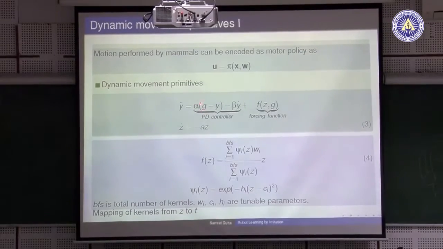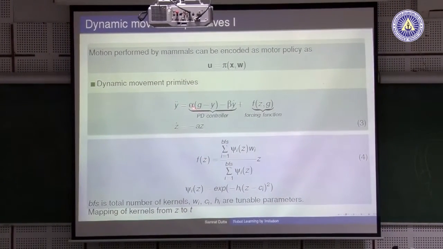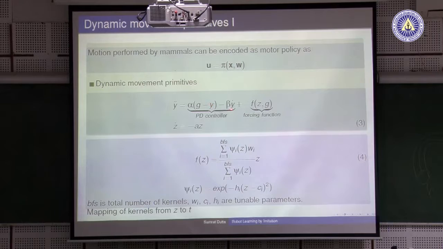If we select the PD gains precisely, with our expertise, we can make a stable system using a PD controller. And now we have a forcing function, a nonlinear function, that takes care of how this trajectory is moving. It learns the features of the trajectory inside it.